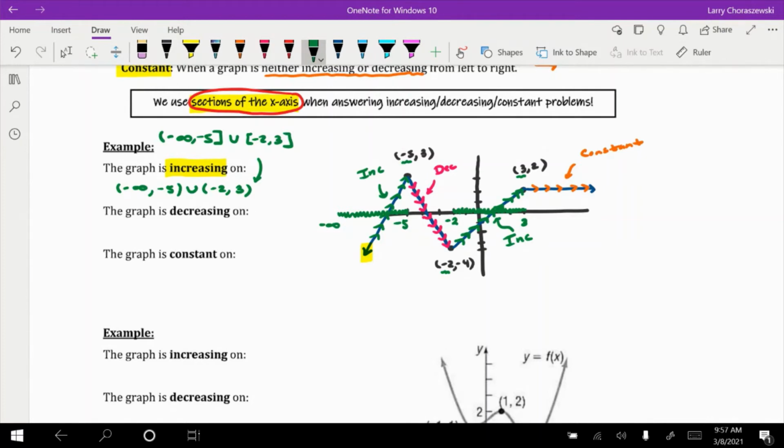So I will usually write the answer using parentheses on everything, but I do want to give you a heads up that sometimes MyMathLab will indicate these answers using brackets on anything that's not infinity. If you're confused as to how to express your answer, just reach out to me and I'll definitely help clarify that for you. But I'll usually use parentheses on everything.